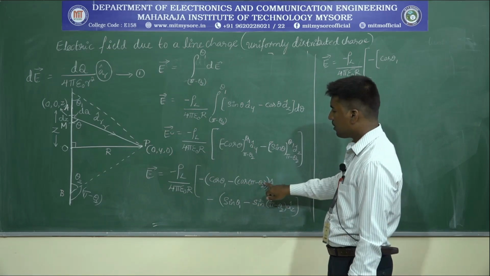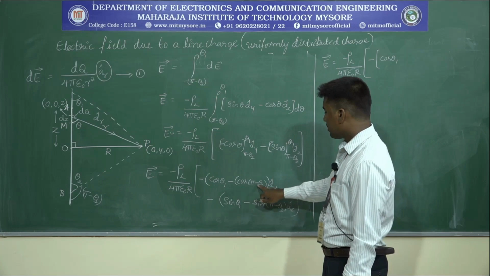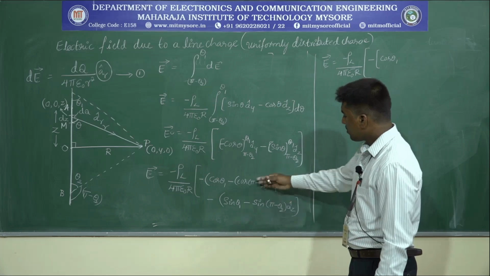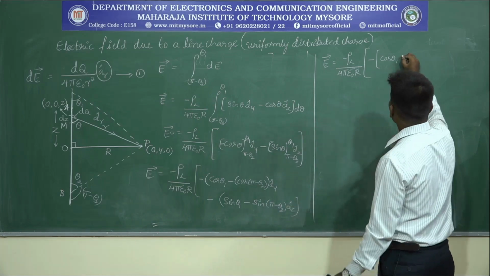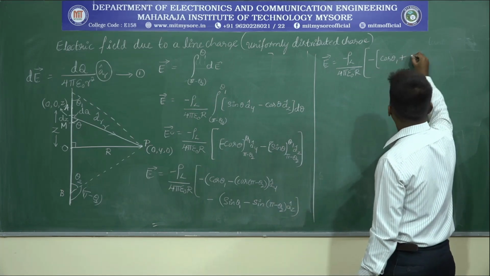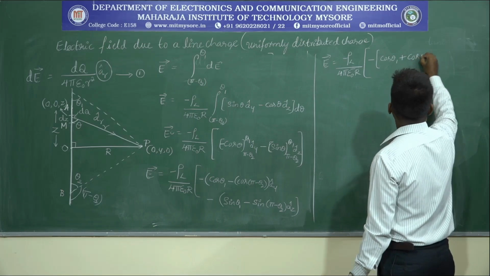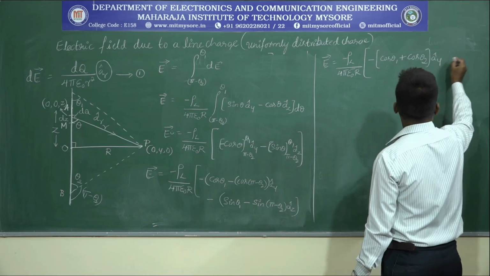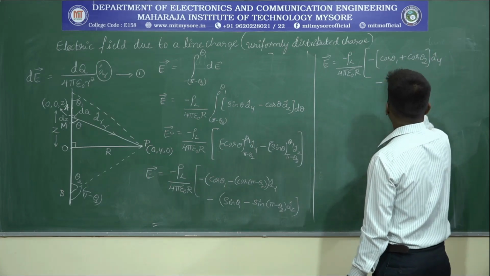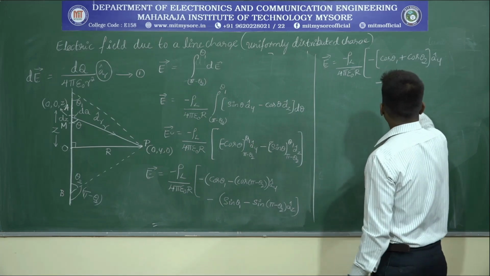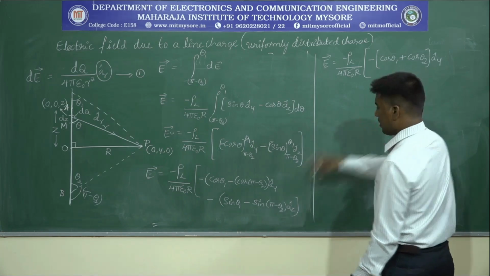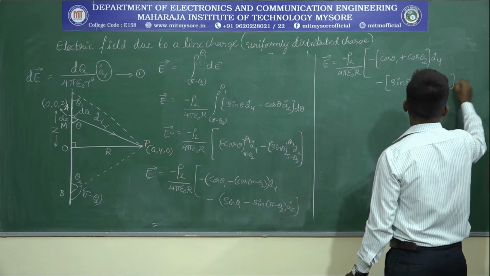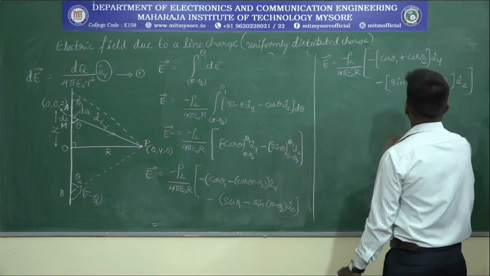Similarly, sin of pi minus theta 2 is sin theta 2. So on substituting these into that equation, the resultant equation is cos theta 1 plus cos theta 2 into a cap y minus sin theta 1 minus sin theta 2 into a cap z. This is the entire equation.